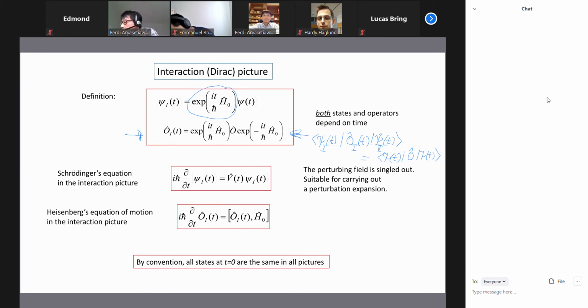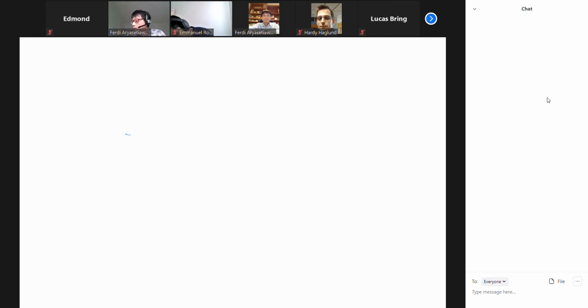So let's work out the Schrodinger equation in this interaction picture. We start just from the definition and take the time derivative of the state in the interaction picture.